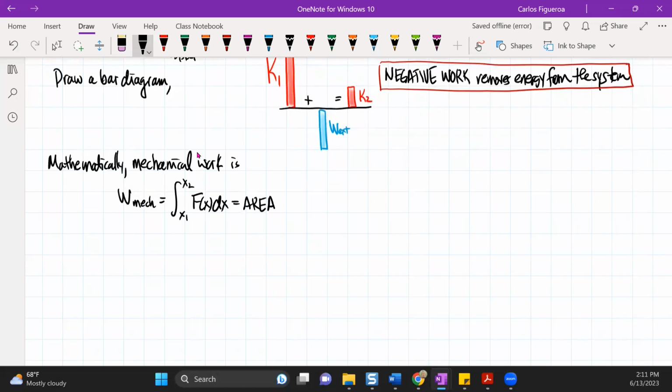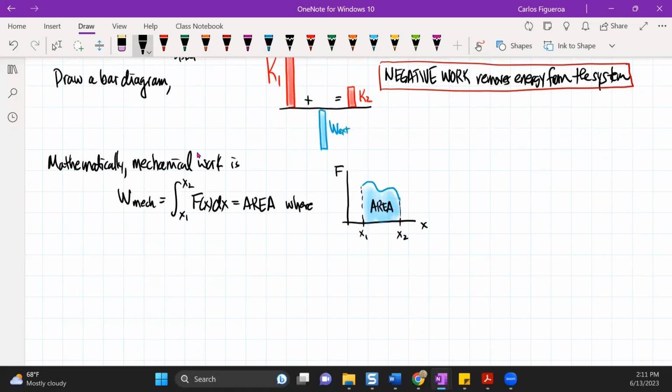When we say the area, we mean that I plot force versus position, with x1 and then x2, and an arbitrary function here. The area under the curve is the work.